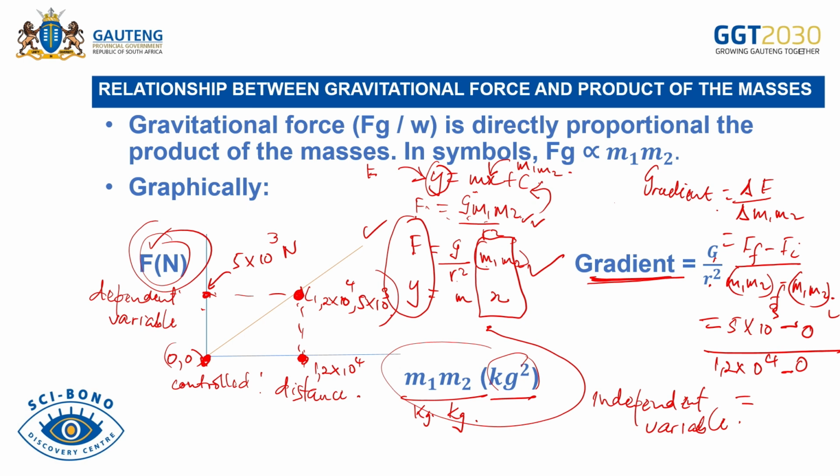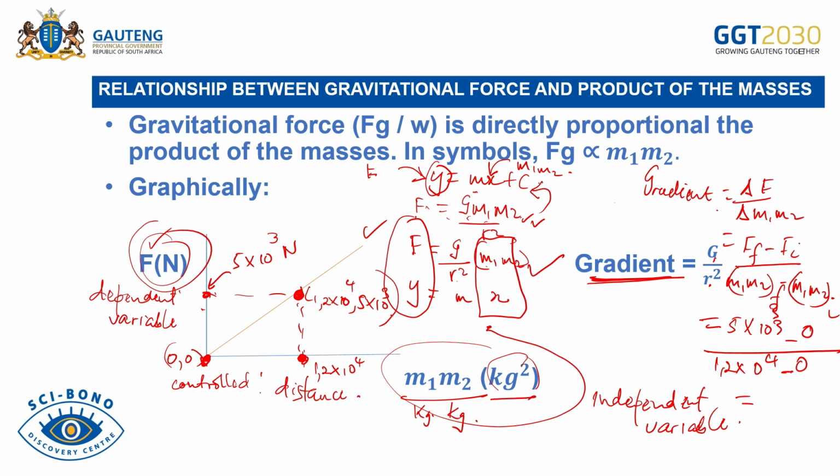Let's calculate. I'm having 5 times 10 to the power 3 minus 0, so it's 5 times 10 to the power 3, divided by 1.2 times 10 to the power 4. Right? So here, what am I having?